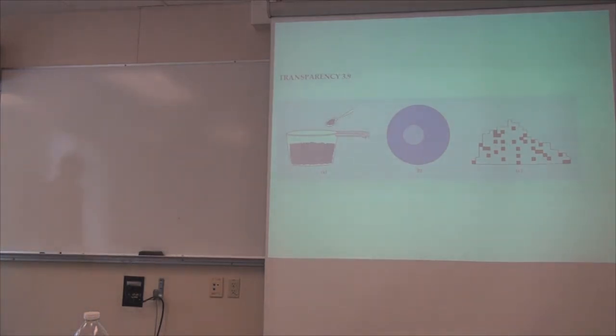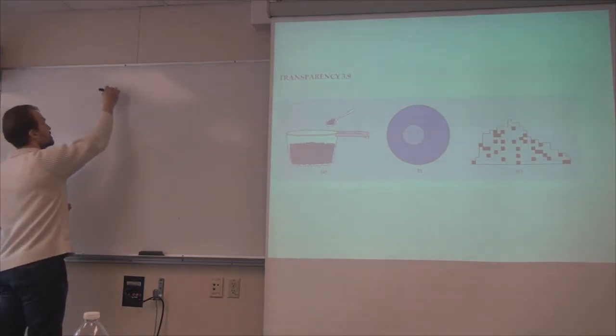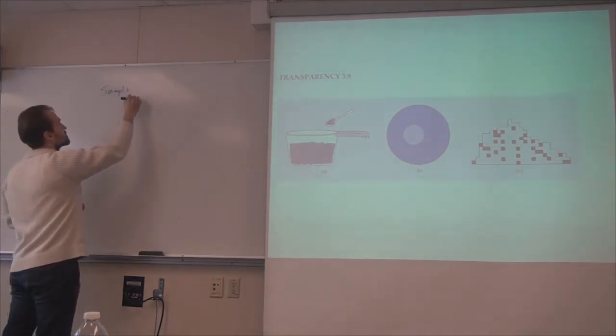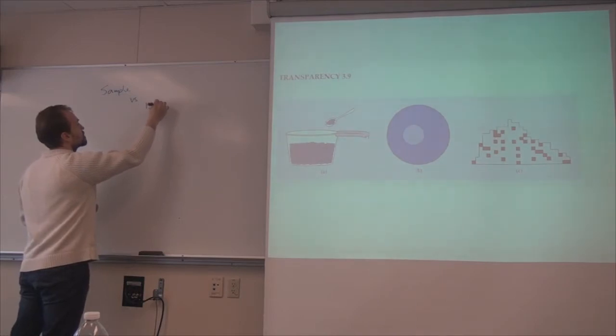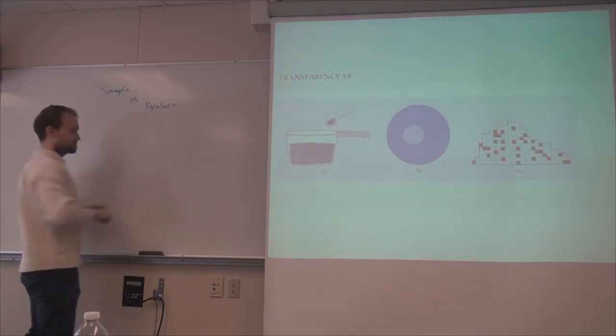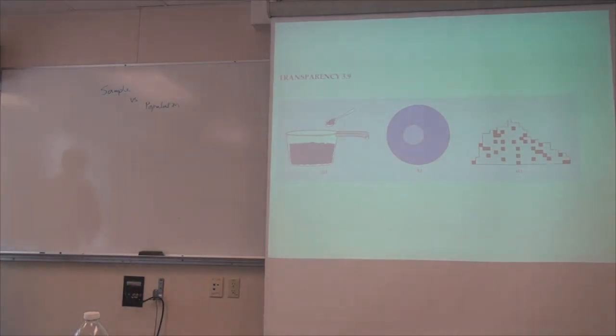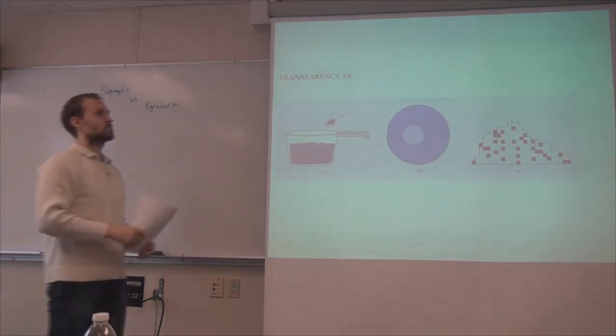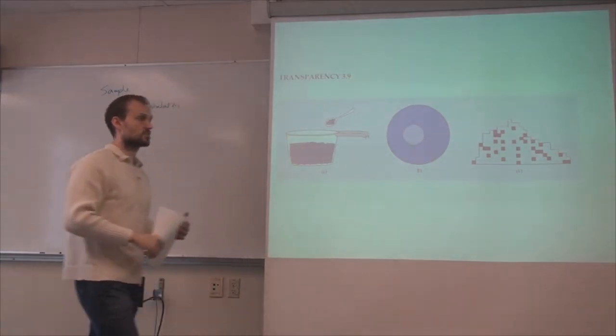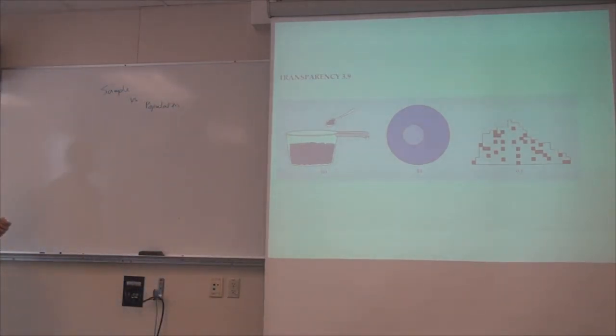And as we go ahead to inferential statistics, that's really the key idea. Sample versus population. I'm not going to write too much on the board, and the slides don't say too much. We're just discussing it, and then you can read more in the textbook.